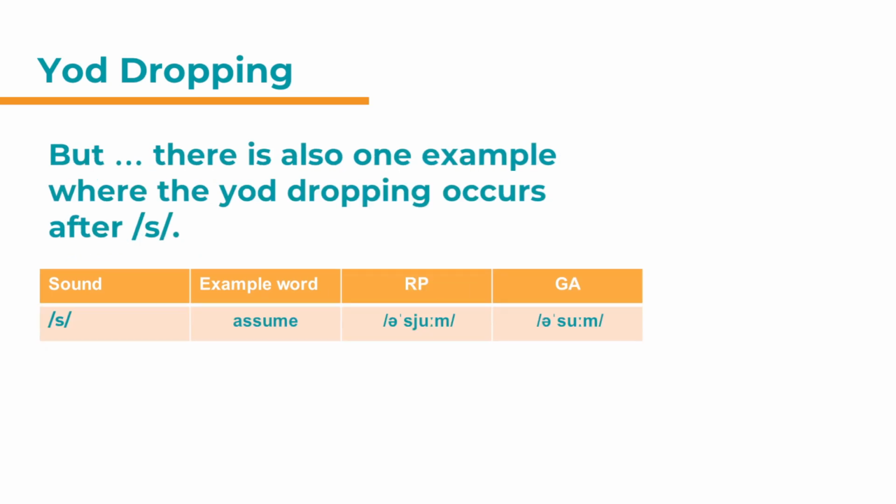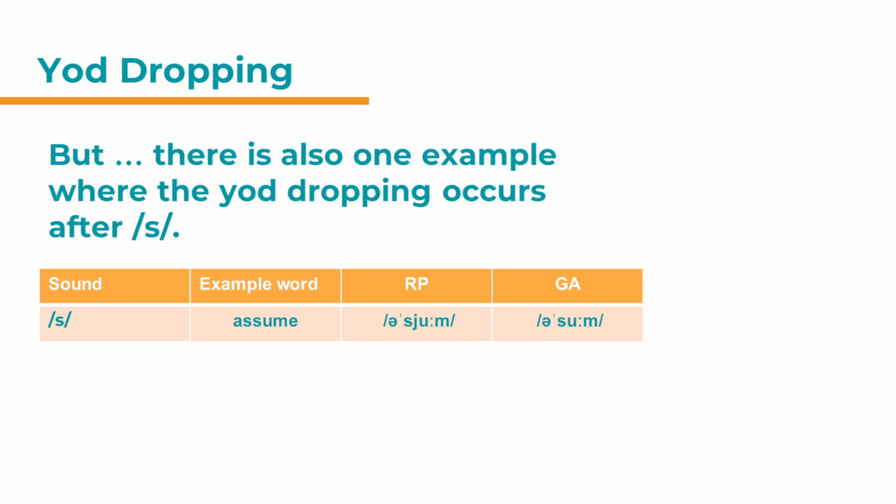But there's also one example where the yod dropping occurs after the sound s, the unvoiced s. And I could just think of one more. Maybe there are more. Maybe you can think of another one. But I thought of the word assume. Again, RP, we would say assume.